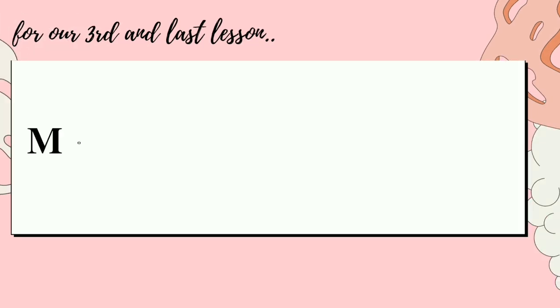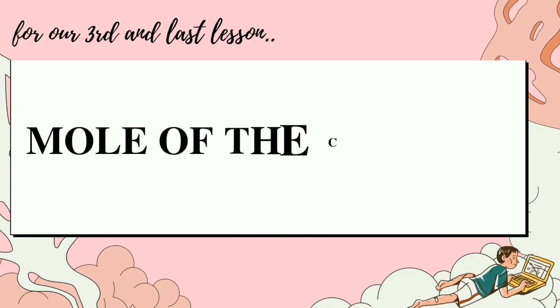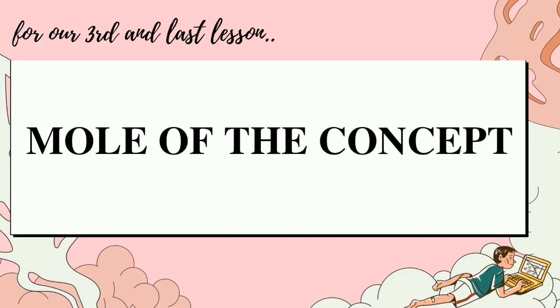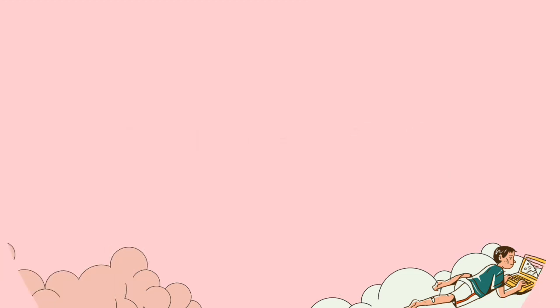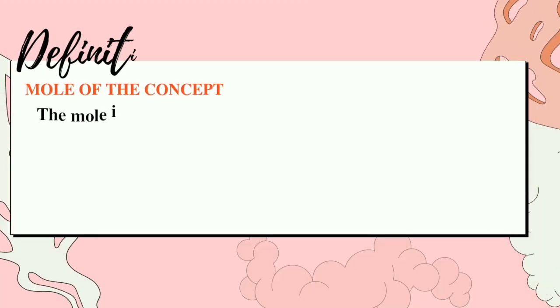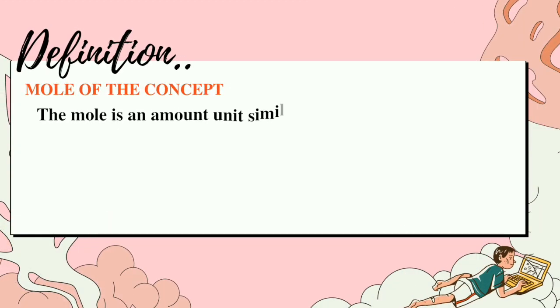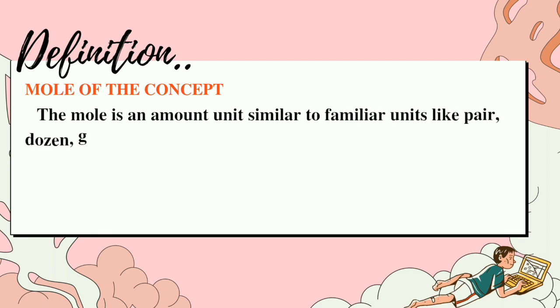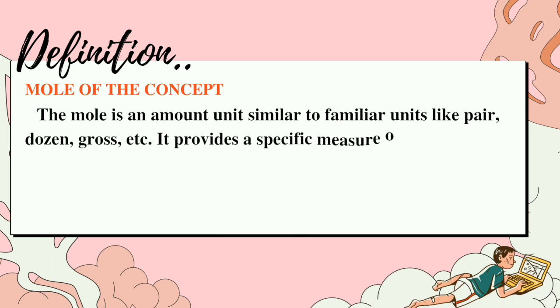And also, for our third and last lesson, it's all about the mole concept. The mole is an amount unit similar to familiar units like dozen, gross, etc. It provides a specific measure of the number of atoms or molecules in a bulk sample of matter.